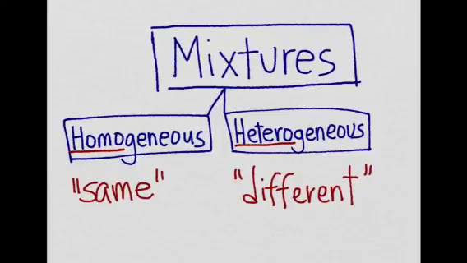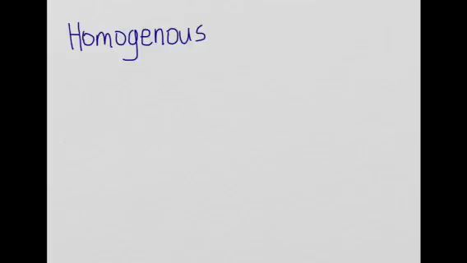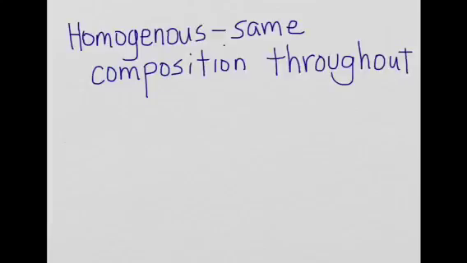A homogeneous mixture is going to have the same composition throughout. What would be some examples of homogeneous mixtures? Well, Coca-Cola would be a good example of a homogeneous mixture. No matter where you drink from in the bottle, you get the same formula of Coke. Another common mixture is the salt water in our oceans.